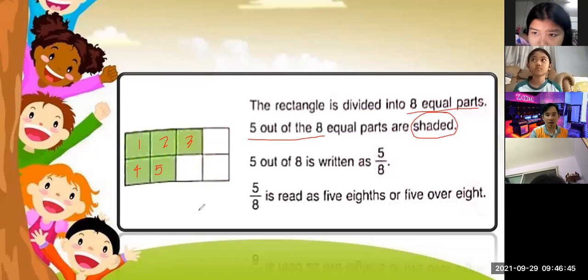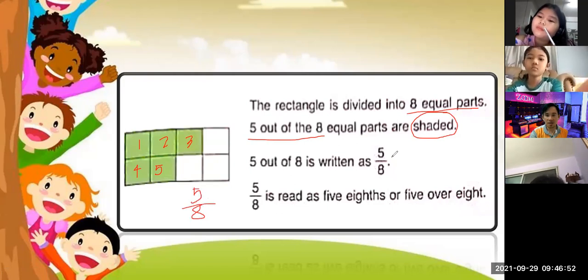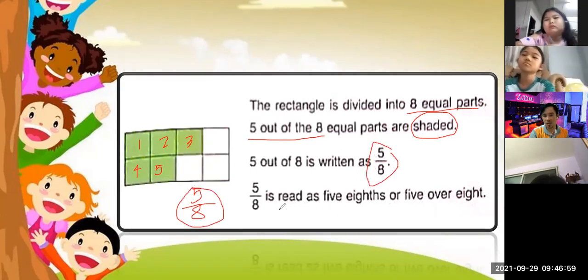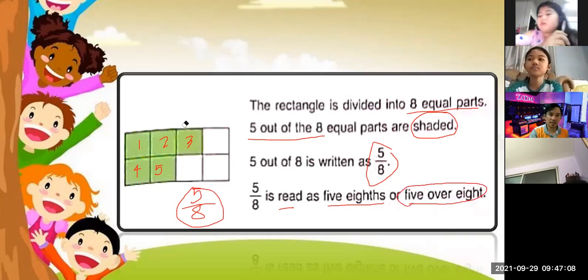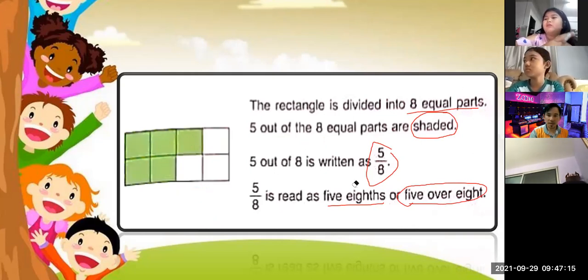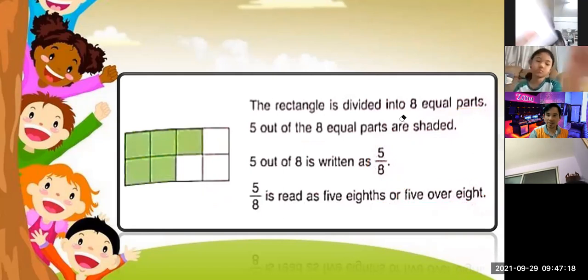There are 8 equal parts and 5 were shaded. So we write 5/8 and read it as 5/8, okay?